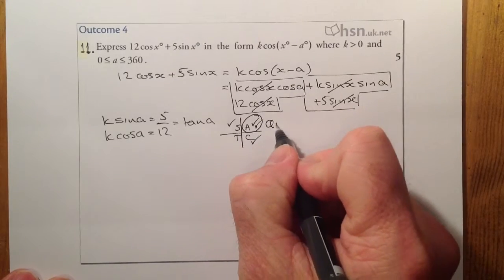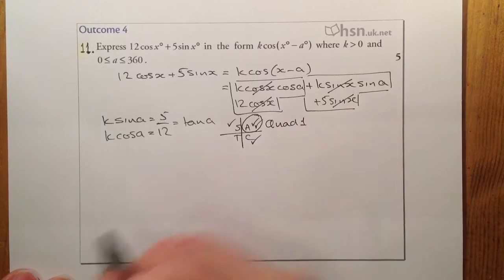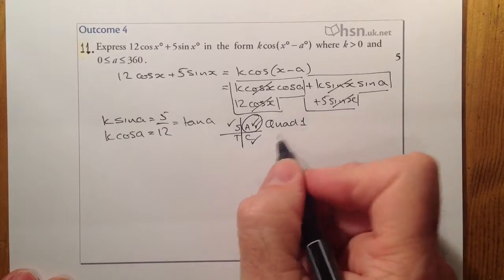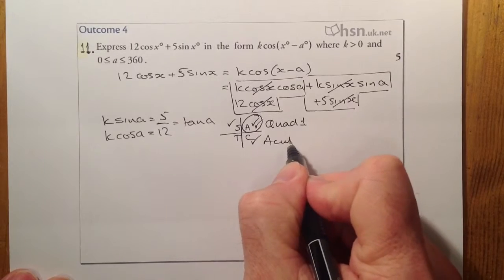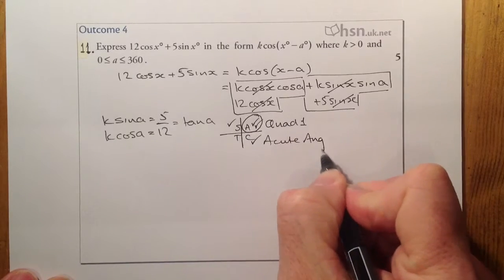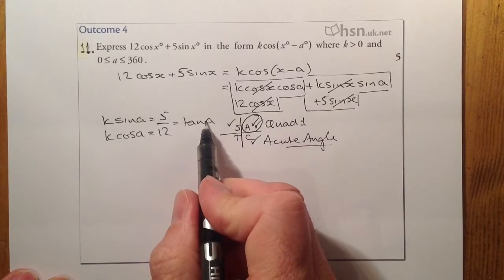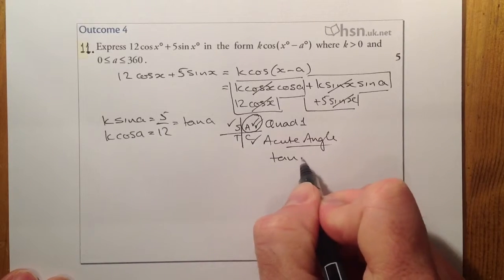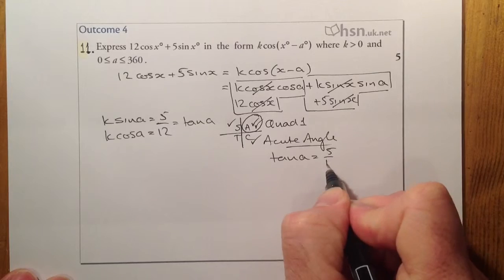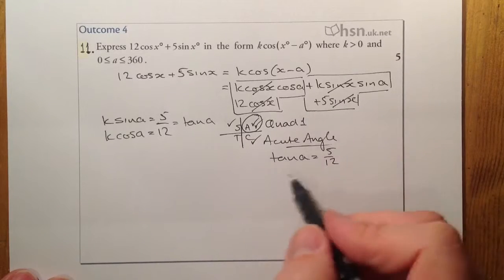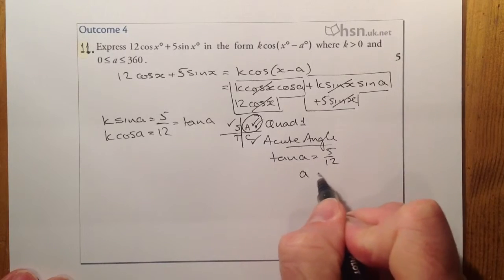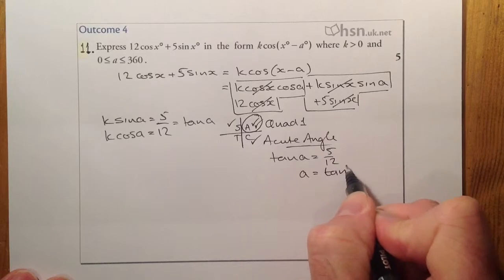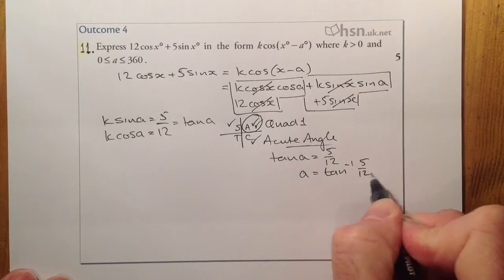So I'm going to find the angle in the quadrant 1 area. So that's going to be the acute angle. So I'll work that out first, the acute angle. From there I know that tan a is equal to 5 over 12. So I'm going to take that down first of all. Tan a is equal to 5 over 12. So when I work out the value of a, I'm going to take the inverse tan of 5 upon 12.